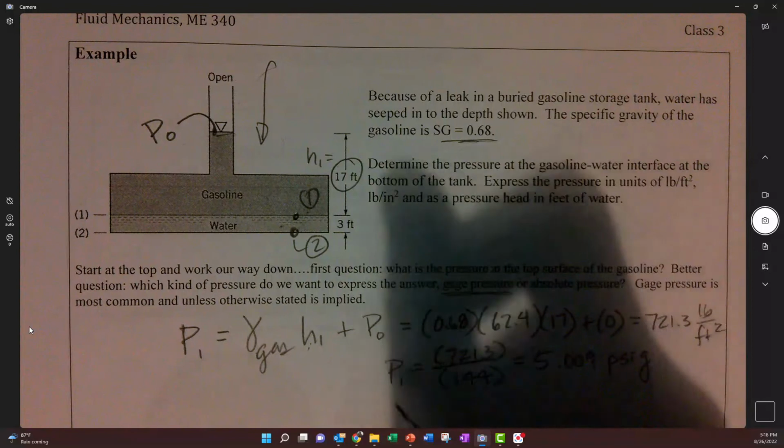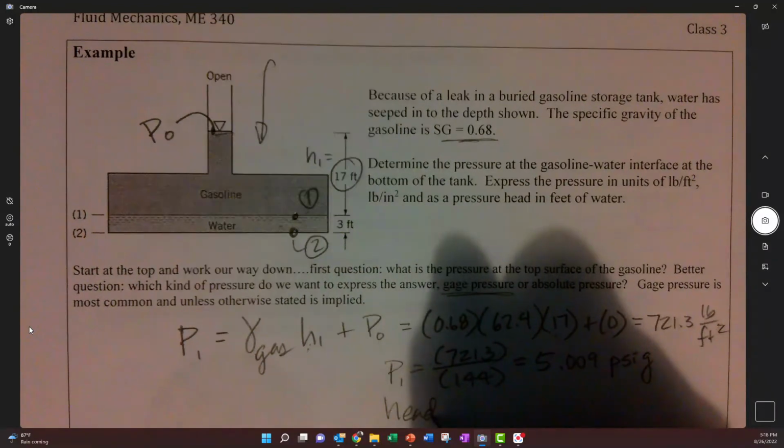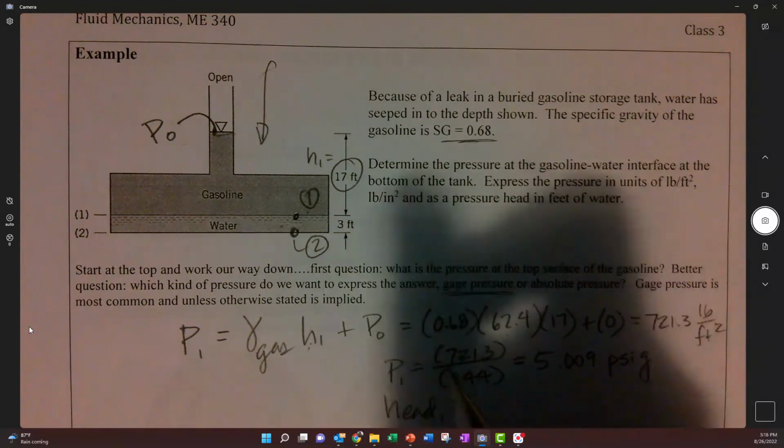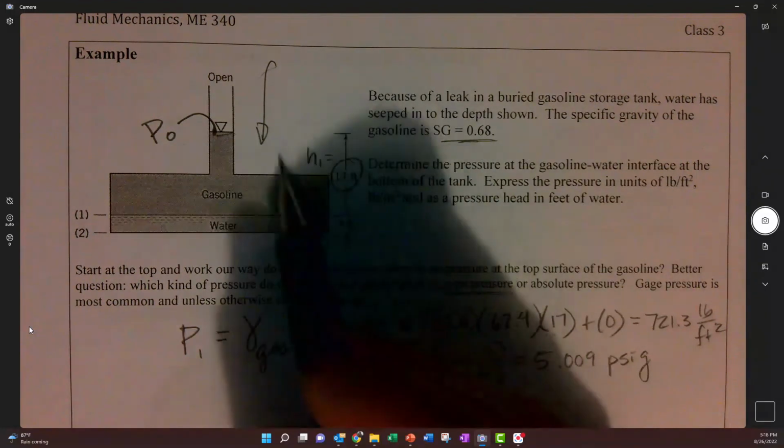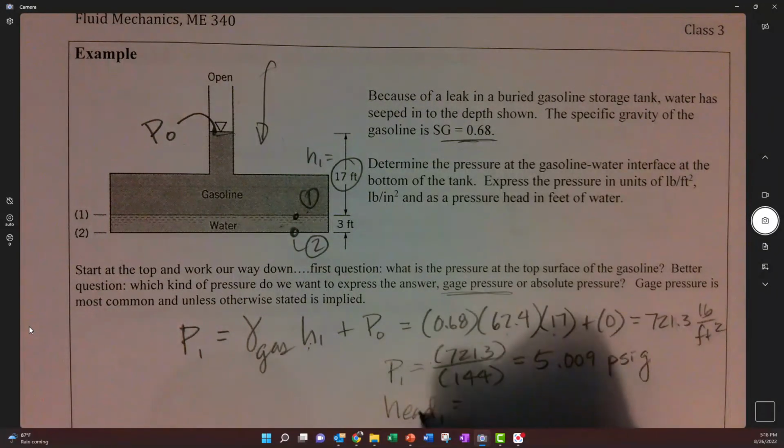We also might want to know the head here, right? So if the head is of this, it's not going to be 17 feet because this is really good. That would be what we would consider for water, but we're going to use water as the reference right here.